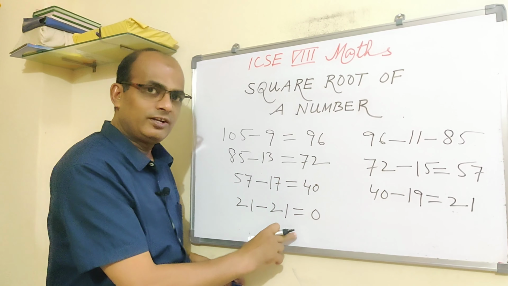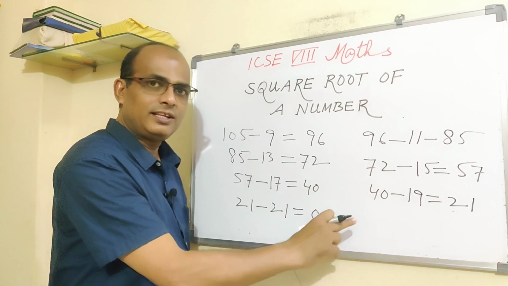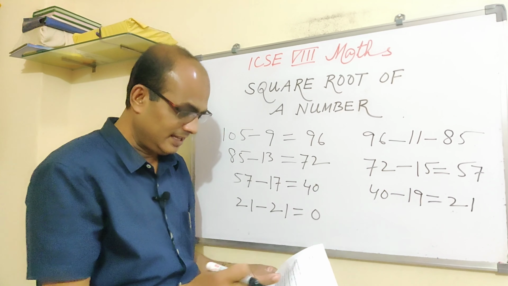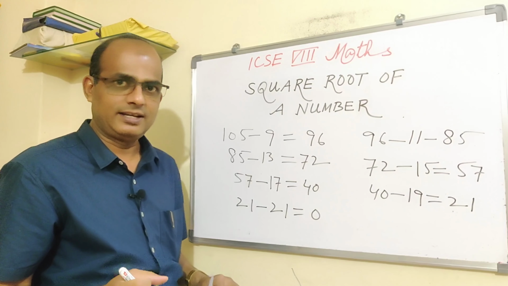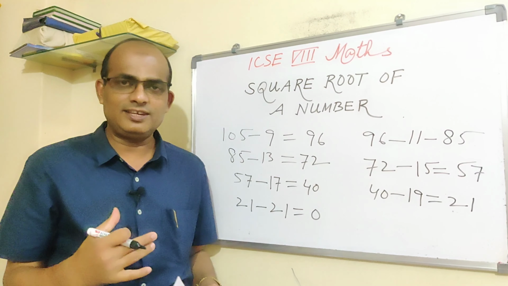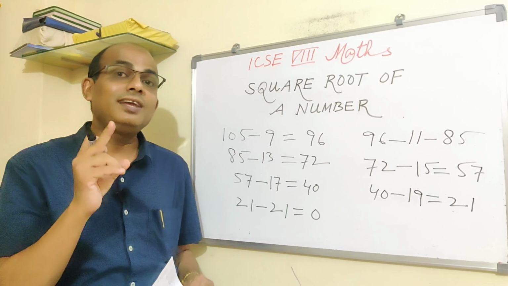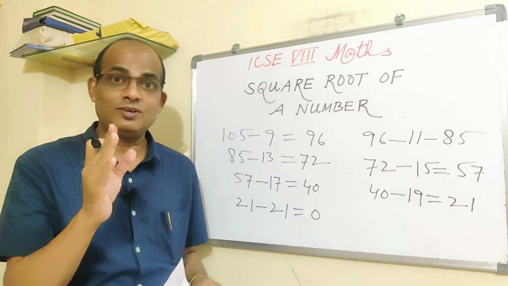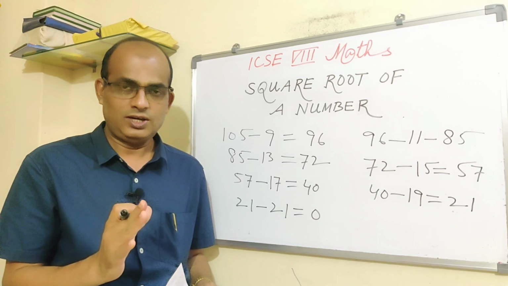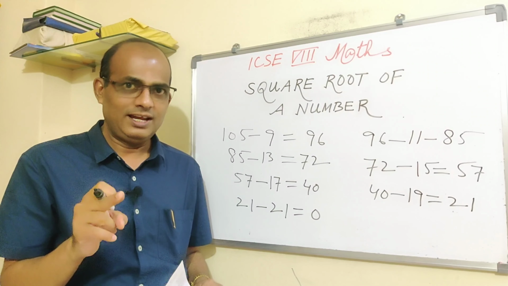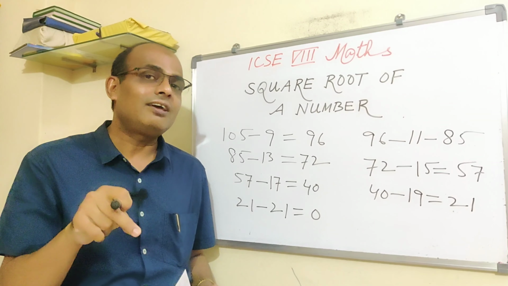So we started from 121 minus 1, then 120 minus 3, then 117 minus 5, like that. So please note down all these steps and then count. You will see that you are subtracting 11 times to get 0. Alright, so m equal to 11, and the third point is this 11 is the square root of 121.